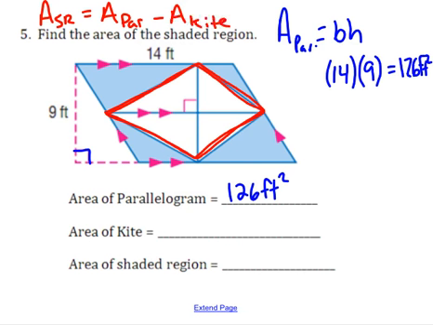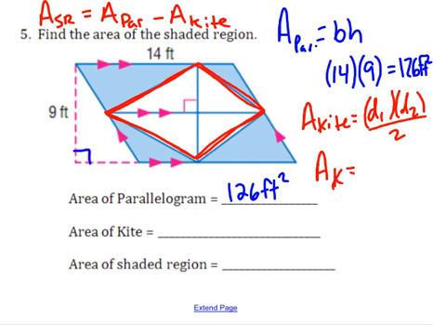Since this is hollow in the middle, meaning the shaded region is just on the corners, this has to be a subtraction one. So I would do the area of the kite, and area of the kite, remember, is diagonal 1 times diagonal 2 divided by 2. Well, one diagonal is actually just going to be 9, because from here all the way up and across is 9. That's why it's perpendicular.